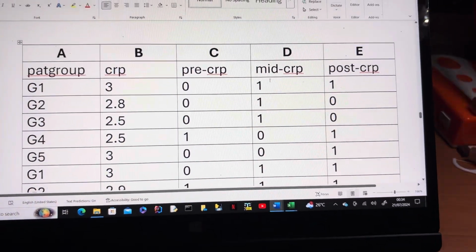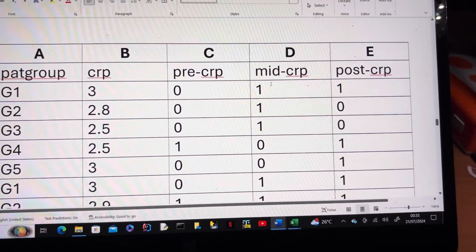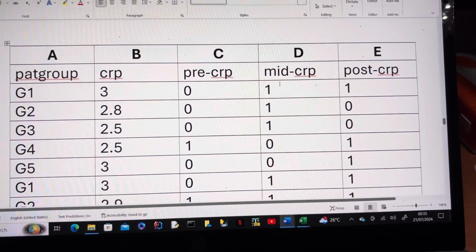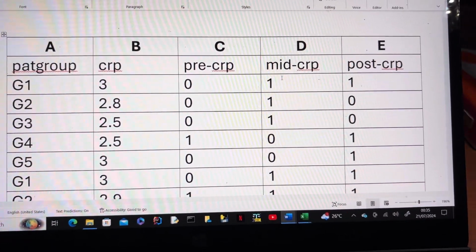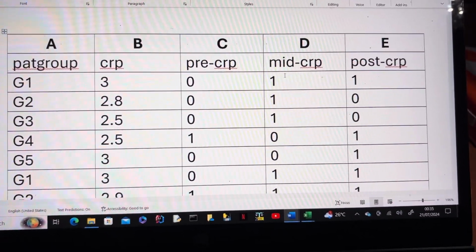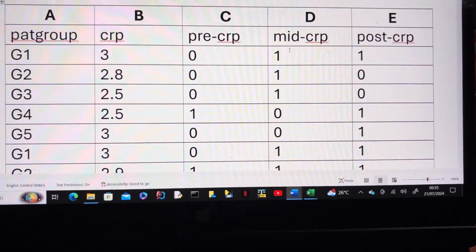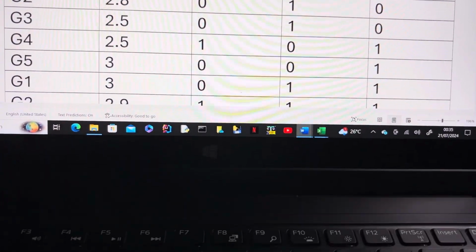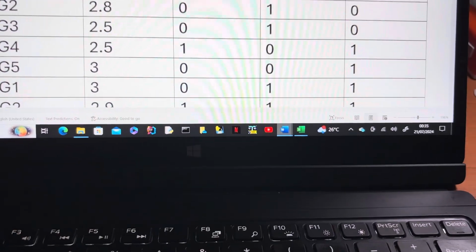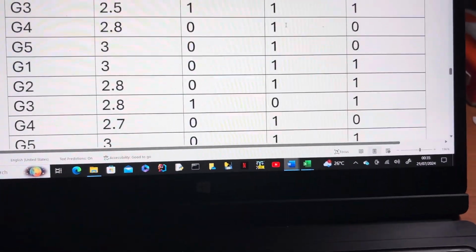You can see the column A is for the patient group. You can see that they are numbered G1 to G5, and then again G1 to G5, just like that.